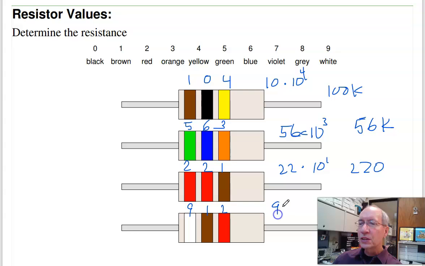So this is 9.1 times 10 to the 2 ohms, 9.1K. That's kind of how color codes indicate value. What they're useful for is you can look at a circuit and see what the resistance is just by looking at it. Or in the lab, if there's a big pile of resistors, you can scrounge through it and find the ones that you want.